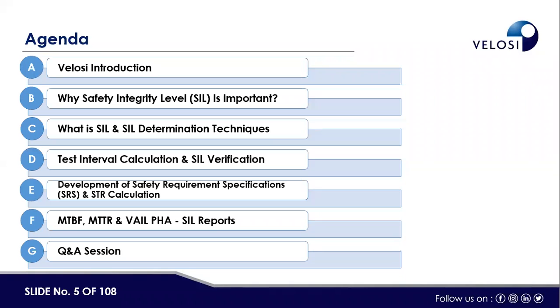We'll be going through why SIL is important, what is SIL and SIL determination techniques, test interval calculation and SIL verification, development of safety requirement specification and SIL calculation, MTBF, MTTR, and VAIL-PHA, the reports using SIL software, and the Q&A session. This webinar will be inclusive of a practical case study, which we had conducted for a client. Please note that the client name and the data have been redacted. We'll be following a practical approach where we'll walk you through the key steps through this case study.